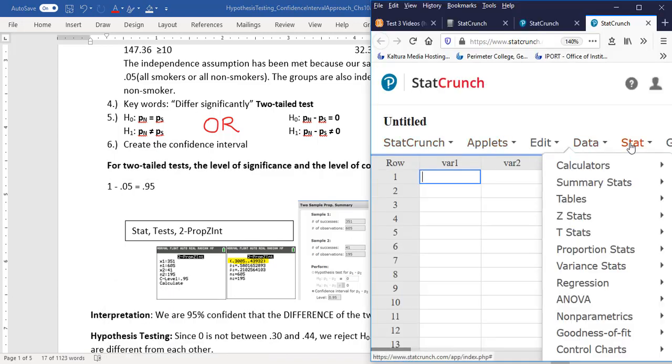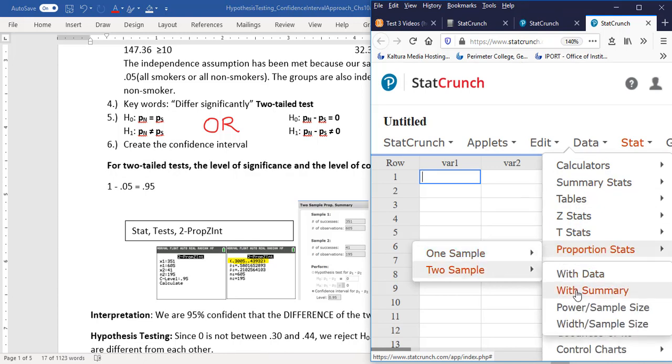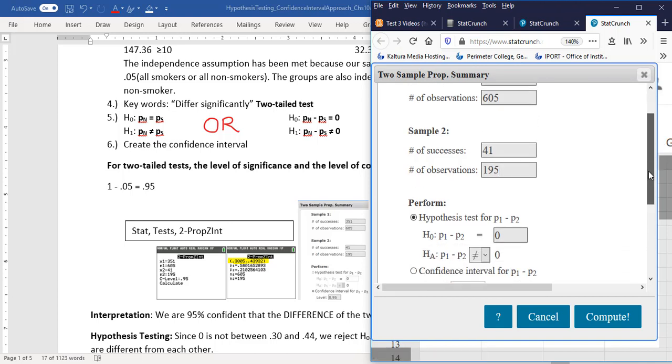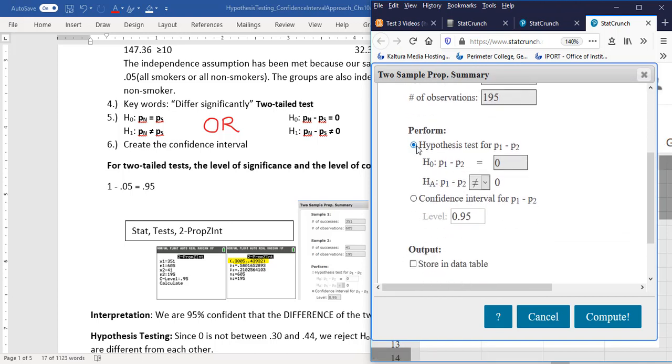If you're a StatCrunch person, you're going under stat, you're going under proportion stats. We have two samples. You have summary information because they told us 41 out of 195. Sample number one is whoever they talked about in the problem first. Sample number two is whoever they talked about second. We're doing hypothesis testing, so we want that first radio button.